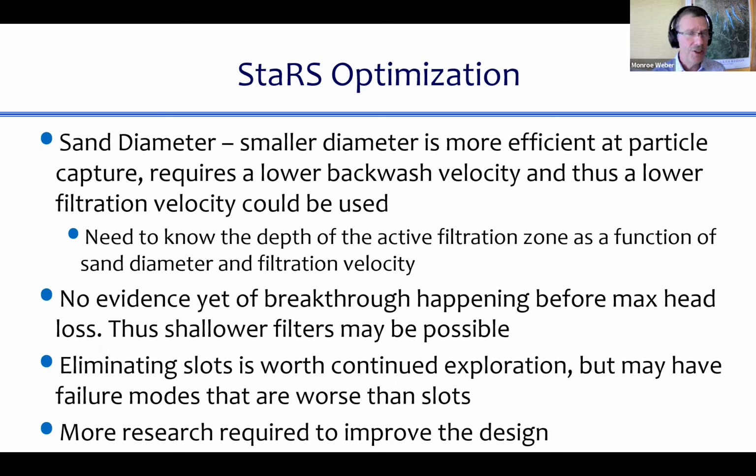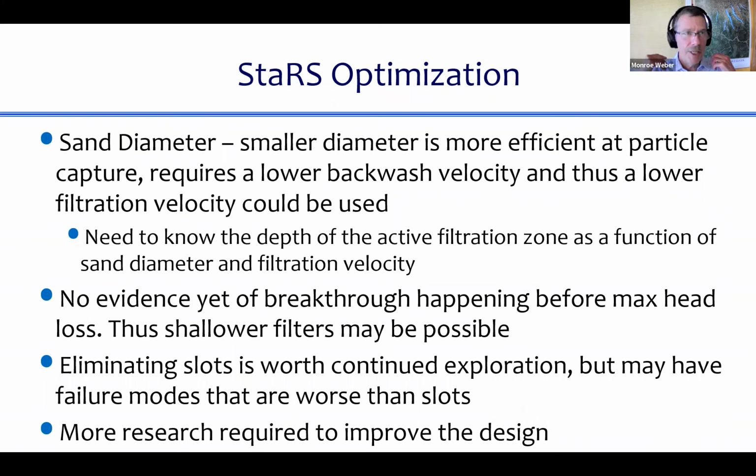There's so many places where we just somewhat arbitrarily, but with some good engineering judgment, picked some values, and then we've stuck with them ever since, knowing that it's not possible that those are the actual optimal values. We have never experimented with changes in the filtration velocity, with changes in the sand diameter, with changes of the layer depth.